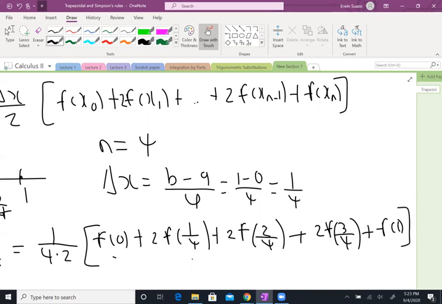So we have 1, 2, 3, 4, 5 numbers corresponding to 4 intervals, 4 rectangles.